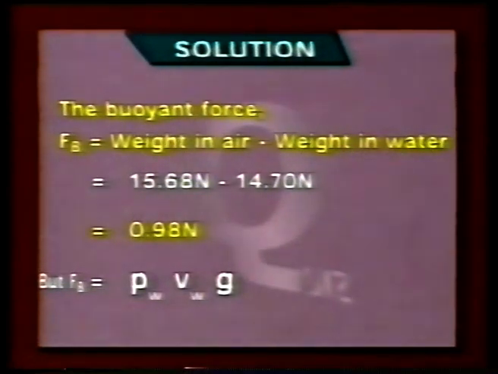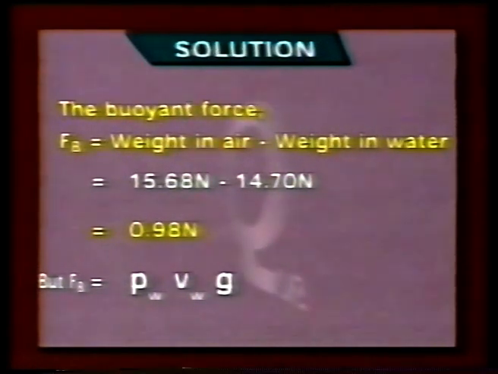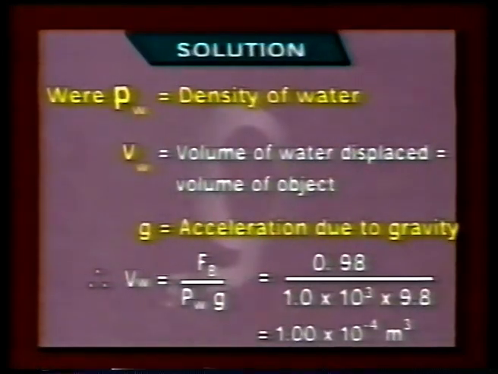We said that the buoyant force F_B equals weight in air minus weight in water, and that equals 15.68 newton minus 14.70 newton, which is 0.98 newton. But F_B, the buoyant force, equals ρ_W V_W g, where ρ_W is density of water, V_W is volume of water displaced, which is the same as volume of the object, and g is acceleration due to gravity.